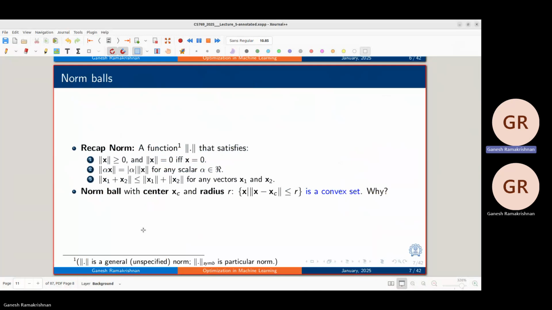So what do you think? What should be the definition of this norm? And you need to verify that it's indeed a norm. Right now we are making a general claim. Any norm ball is a convex set, and we have stated that the ellipsoid is a convex set. Now I want to show that the ellipsoid viewed as a convex set is nothing but the matrix A induced norm ball, claimed to be a convex set.